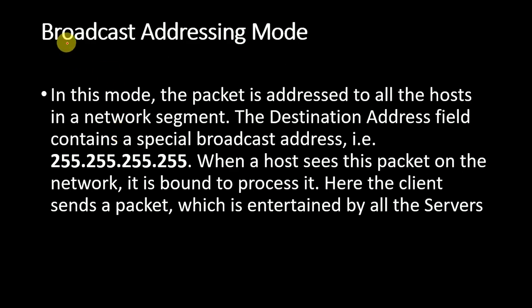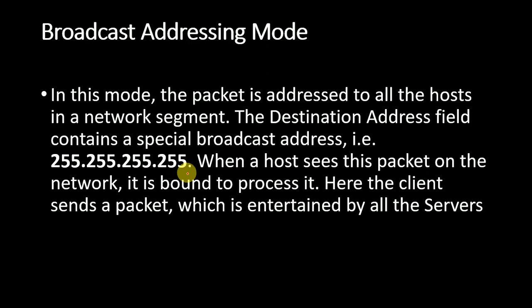Okay, next one is broadcast addressing mode. In this type of addressing mode, the packet is addressed to all the hosts in the network segment. The destination address field contains the special broadcast address, that is 255.255.255.255.